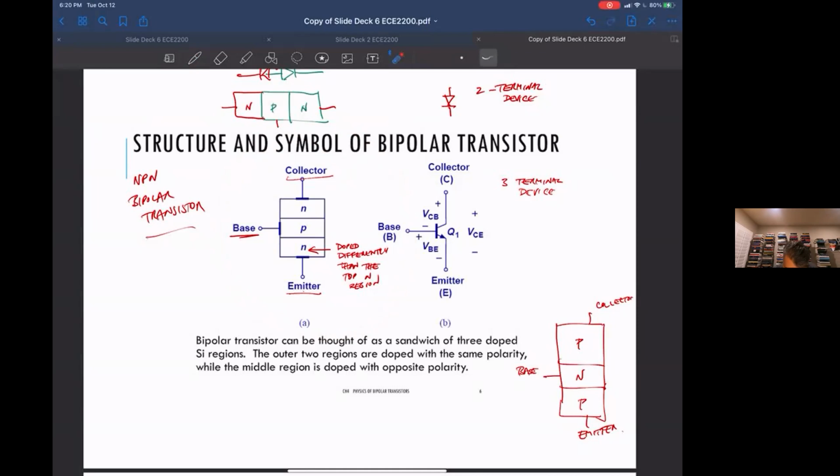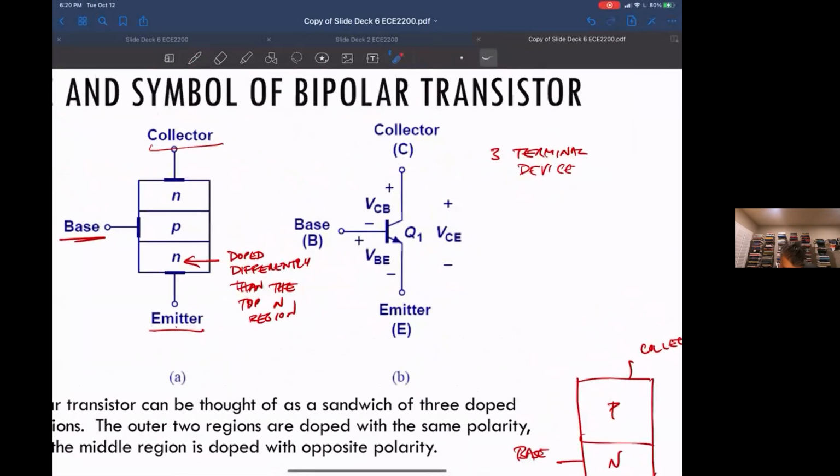Okay, so let's talk about the schematic representation. This point is always the base. The emitter is always the thing with the arrow on it.